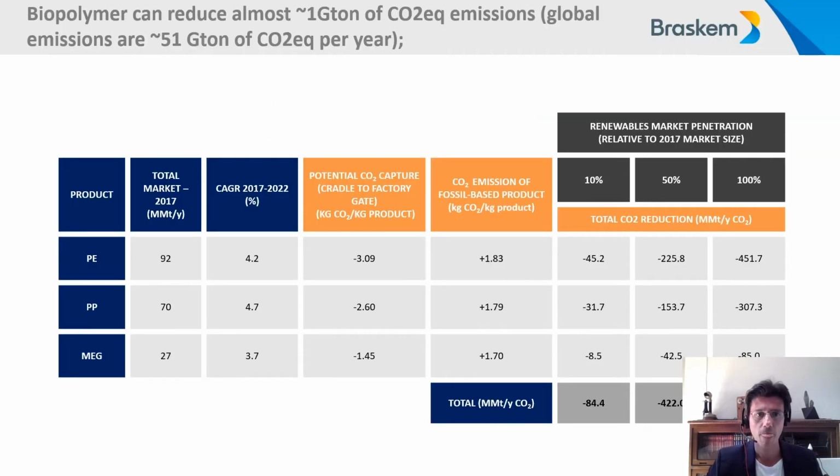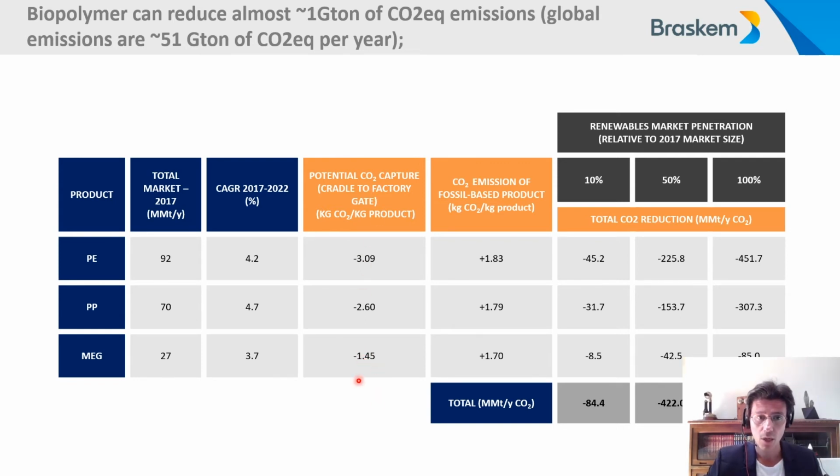Our vision related to biopolymers is that they can be an important tool for climate change. As I explained on the polyethylene, we can not only reduce the emissions of petrochemical polymers, but we also can capture CO2 from the air and store it in the biopolymers.